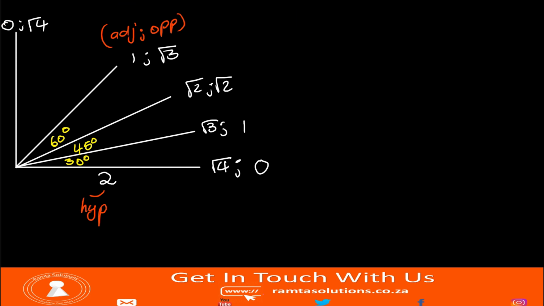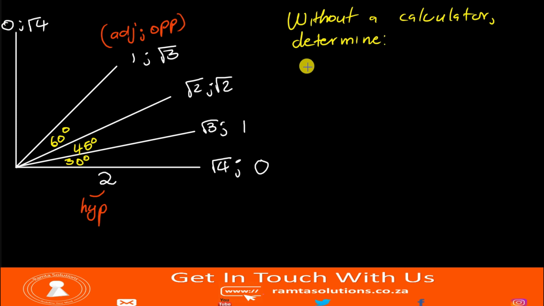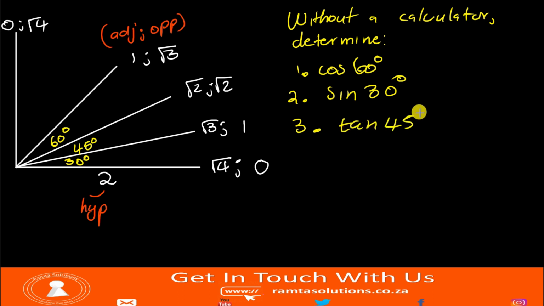Without a calculator, determine: 1, cos 60 degrees; 2, sine 30 degrees; 3, tan 45 degrees; 4, cos 60 degrees multiplied by tan 60 degrees. All right, let's answer the questions.